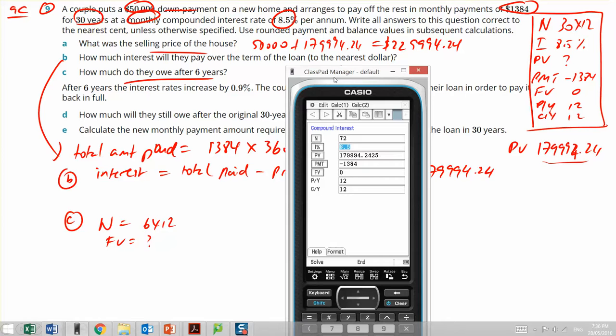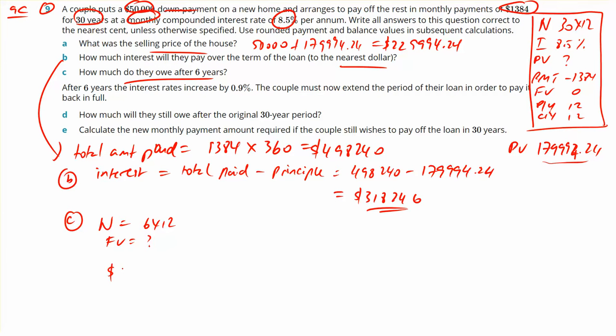The interest rate's the same, my principal value is the same, my payments are the same. We're just going to find the final value. So 169,798.8. That's how much we still owe.